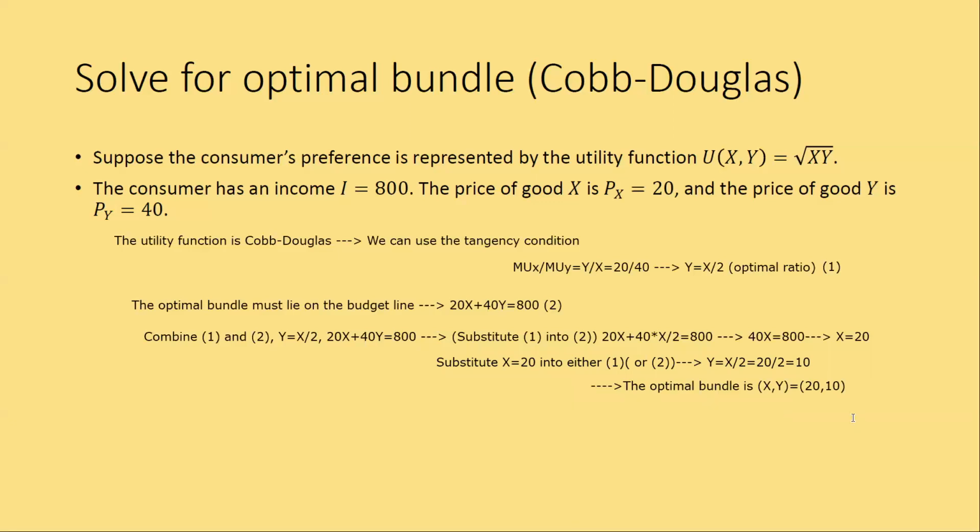So this is the procedure for how we solve a utility maximization problem when the utility function is Cobb-Douglas. It involves some derivation of math and calculations. They are not extremely difficult, but they're also not extremely simple.